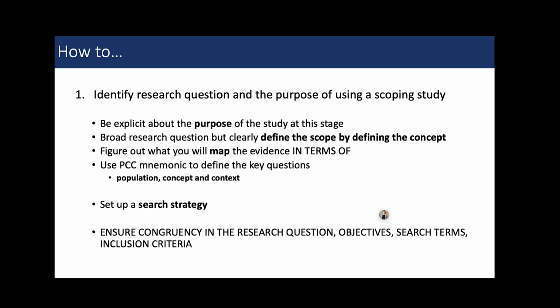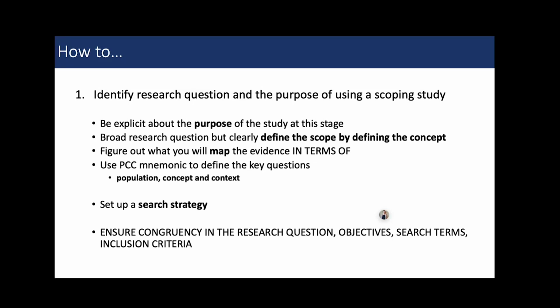So, identifying the research question and the purpose. What seems to come up often is that people say you should be very explicit about the purpose of the study at this early stage. You can have quite a broad research question, but you should try and define the scope by defining the concepts quite clearly and figure out what you're going to map the evidence in terms of.